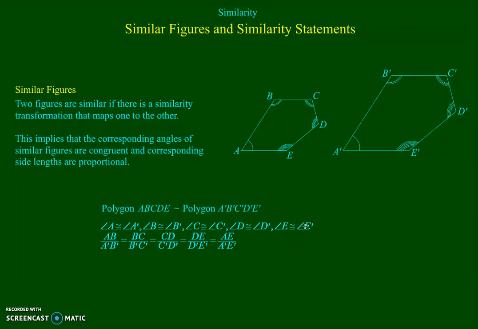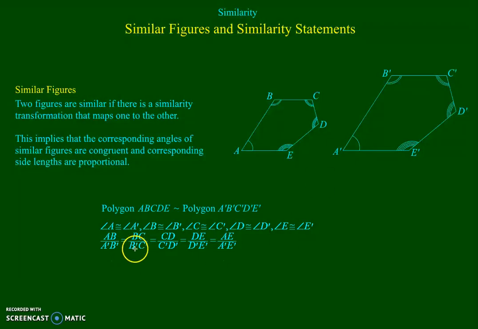Now the second major piece of information is called a proportionality statement. And the proportionality statement tells us that the ratios of any two corresponding sides in these similar figures are proportional, or the same ratio. Now if you remember, the ratio of any two corresponding side lengths in these figures was called a scale factor.